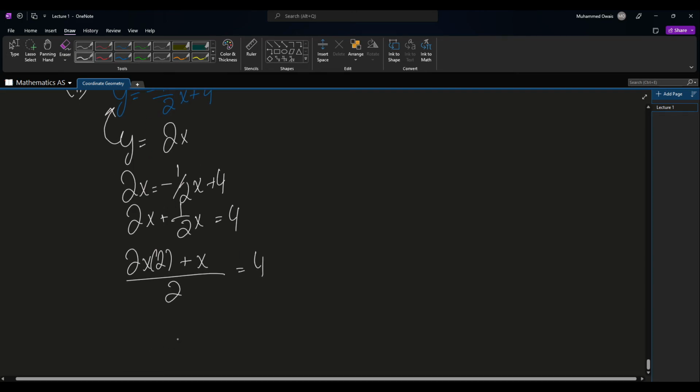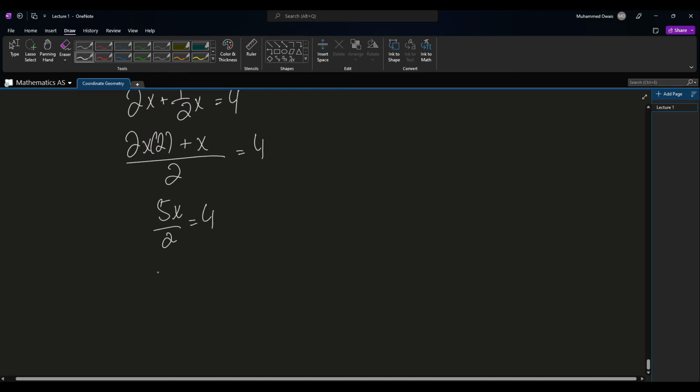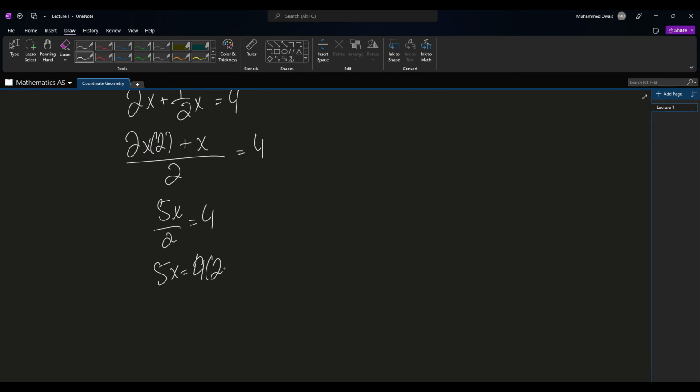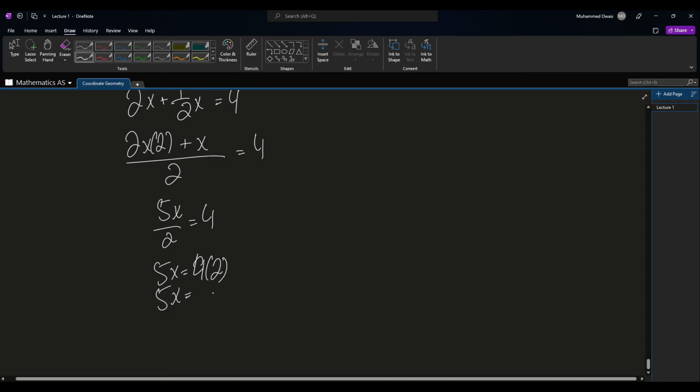So this comes out as 5x over 2 equals 4. This 2 can be brought there. 5x equals 4 into 2. 5x equals 8. x equals 8 over 5. This becomes 1.6. So basically the x coordinate of M is 1.6.